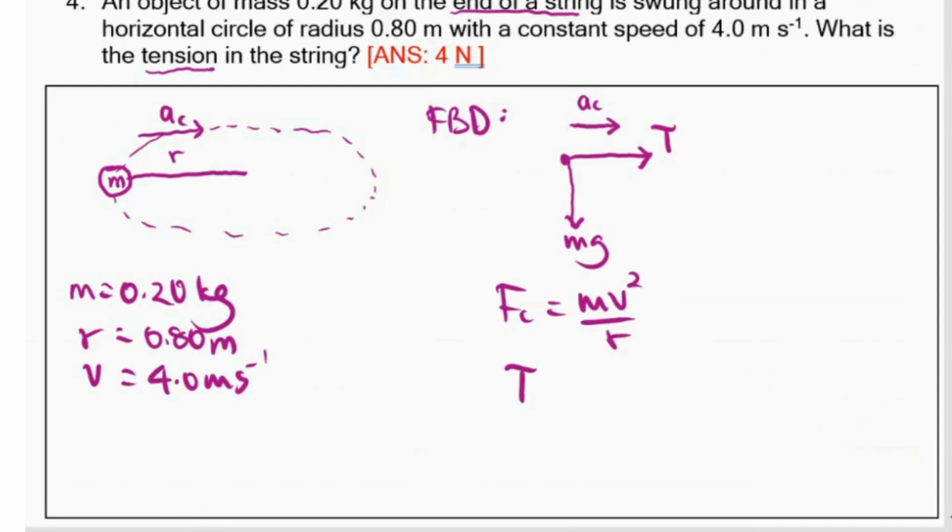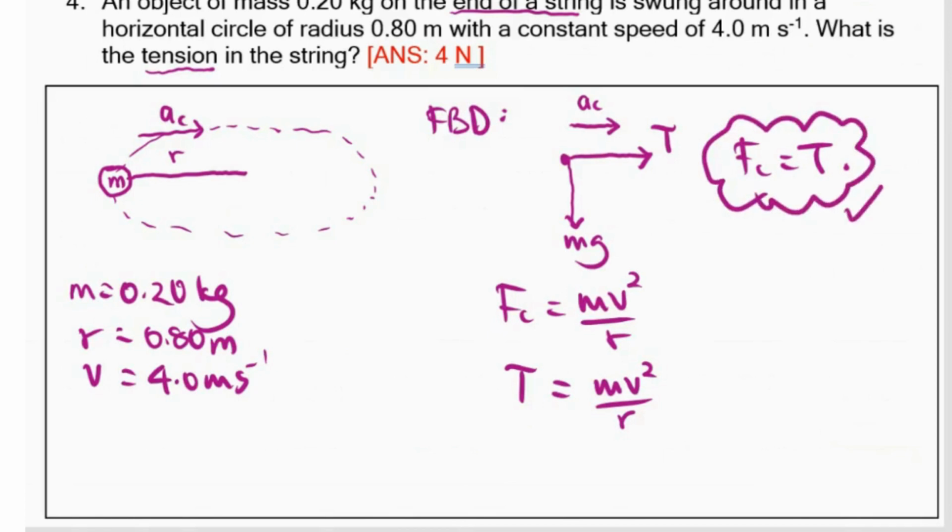So therefore, tension is mv squared divided by r because the tension is the FC. Okay, so this is the concept, 1 mark for concept mark. And then you just straight away put the values in. Mass 0.2, V is 4.0, then square it. R is 0.8.